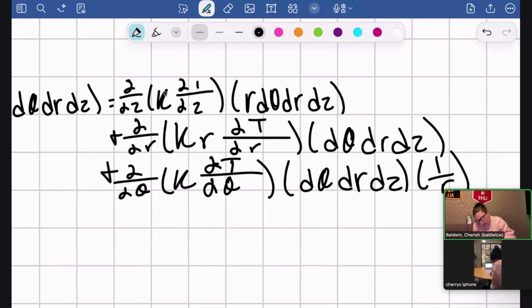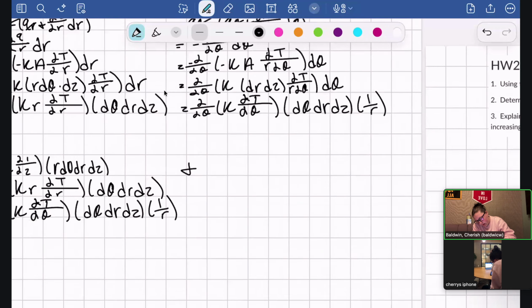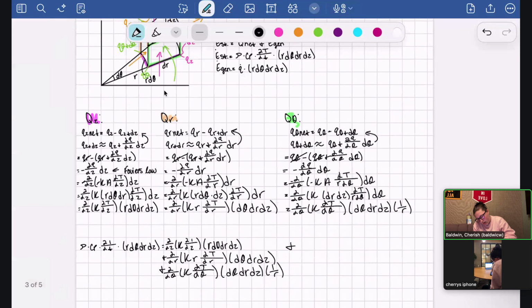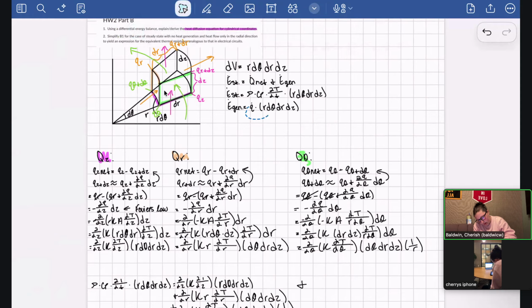Add all of these up, then add energy generated.